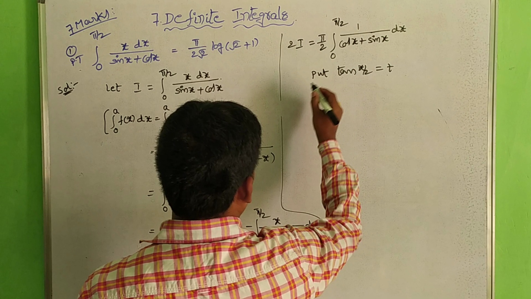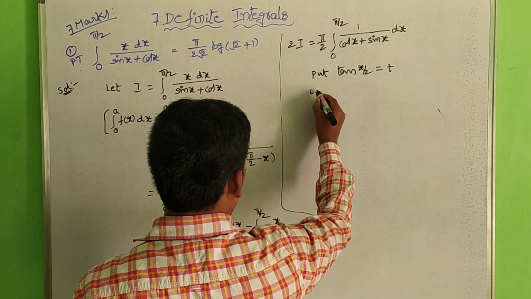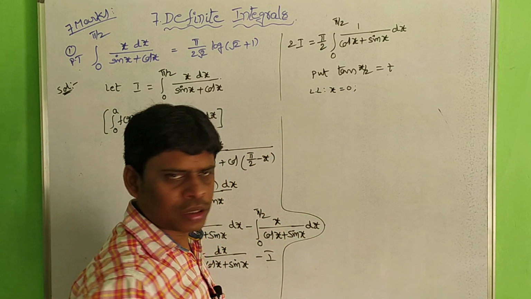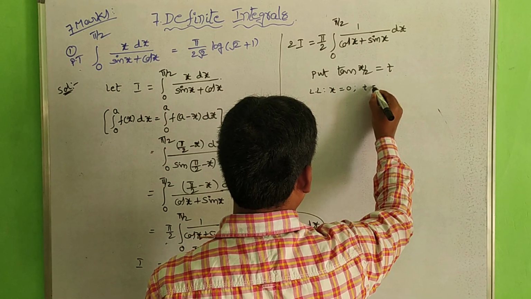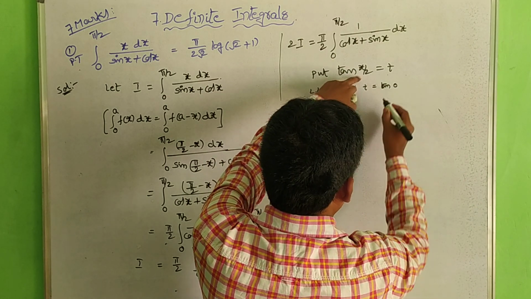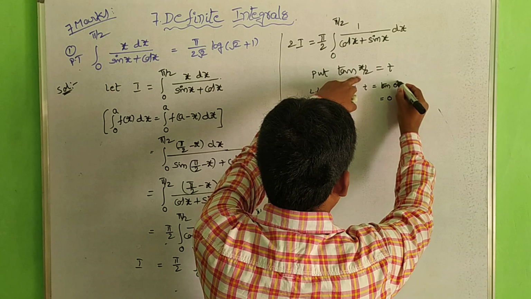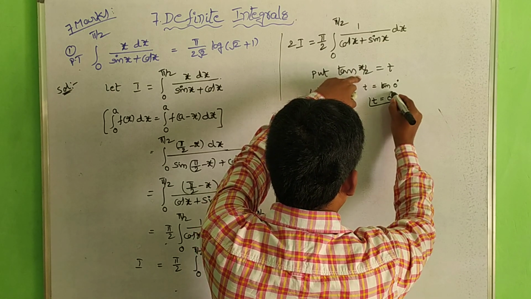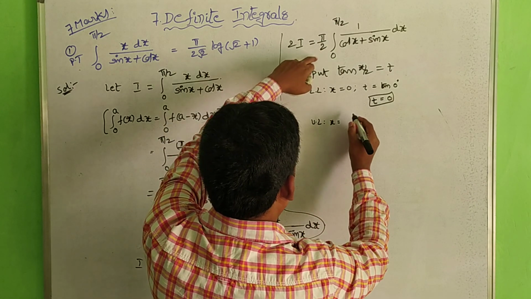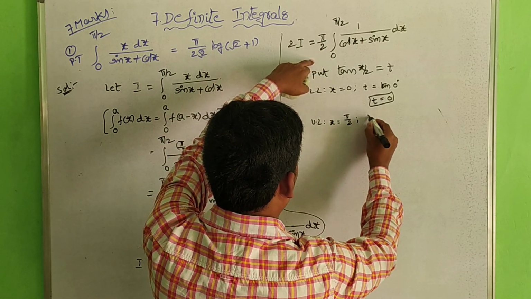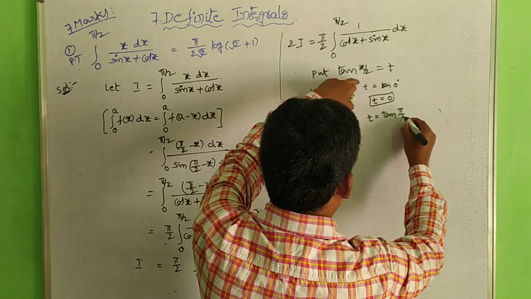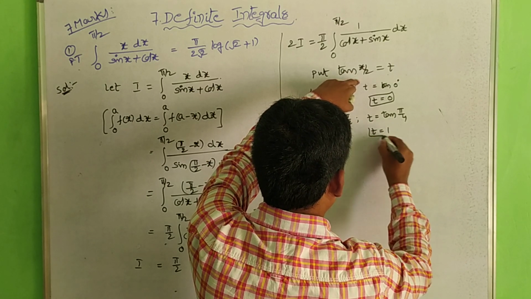Now, changing the lower limit and upper limit. Lower limit x = 0, then t = tan(0/2) = tan 0° = 0. Upper limit x = π/2, then t = tan(π/4) = 1.